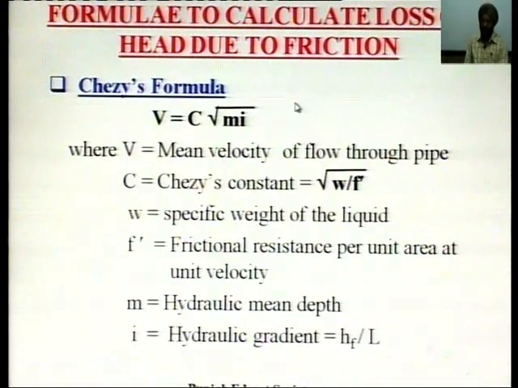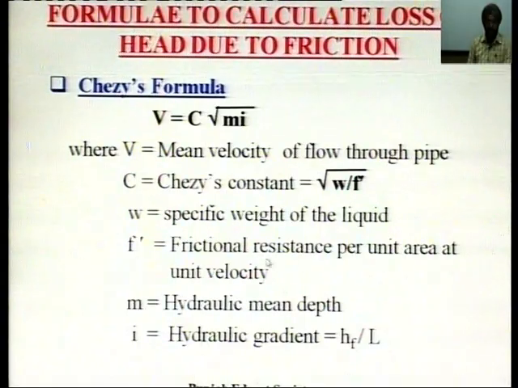There is another, simpler one, Chezy's formula, given by V = C√(mi). Now this V is the mean velocity of flow through the pipe. C is Chezy's constant, named after that scientist. And this Chezy's constant is again given by √(w/f'). What is this w?